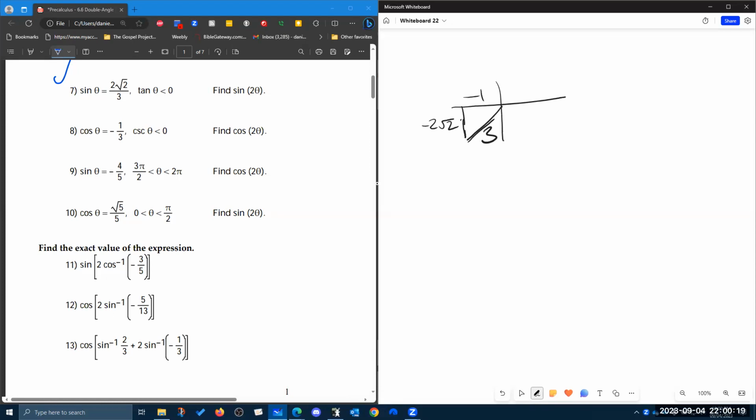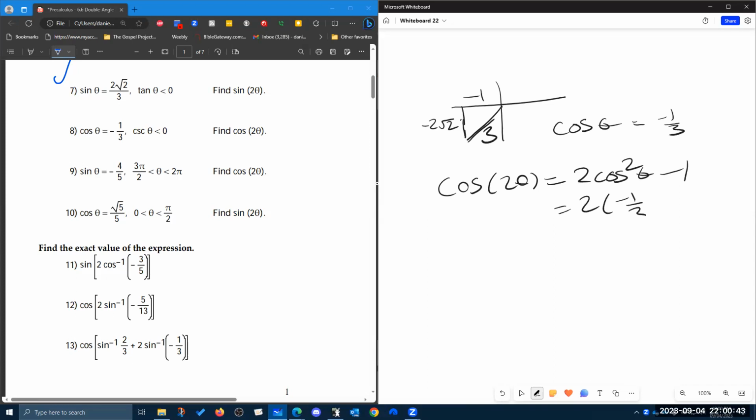Square root of 9 is 3. We want cosine of 2 theta, which is going to be 2 cosine squared minus 1, because we were given cosine of theta as negative 1/3. 2/9 minus 9/9 is negative 7/9.